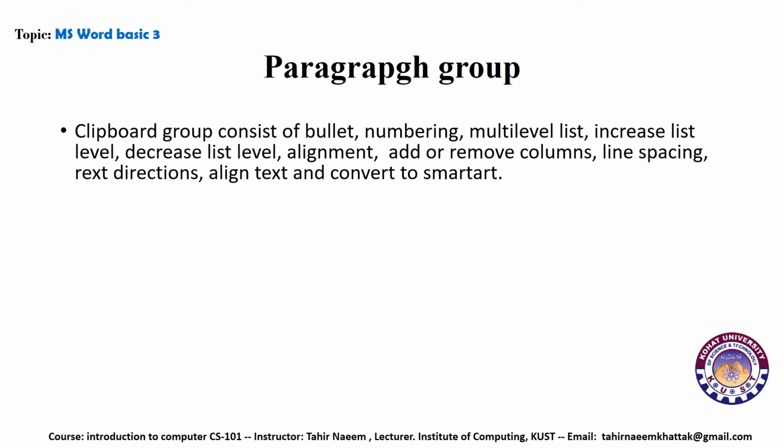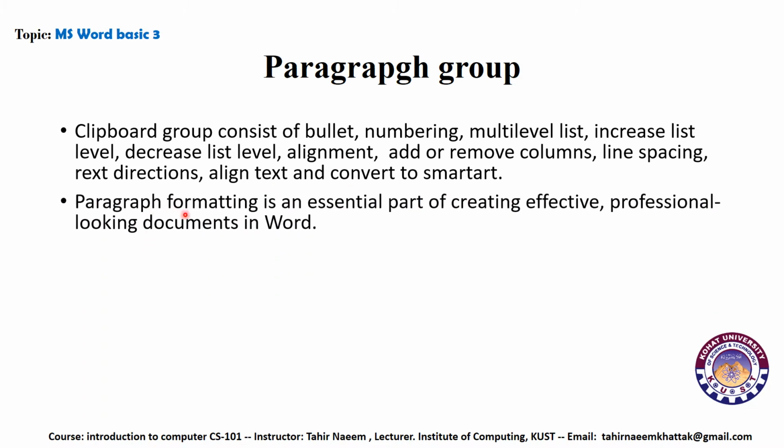Paragraph group. The paragraph group consists of bullets, numbering, multi-level list, increase list level, decrease list level, alignment, add or remove columns, line spacing, text direction, align text, and convert to SmartArt. Paragraph formatting is an essential part of creating effective, professional-looking documents in MS Word.